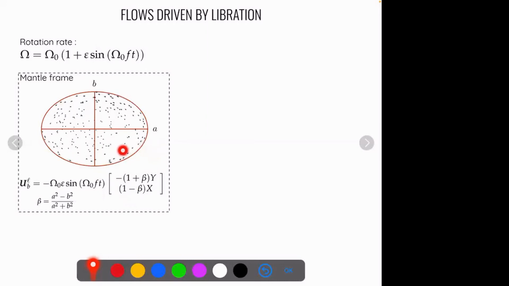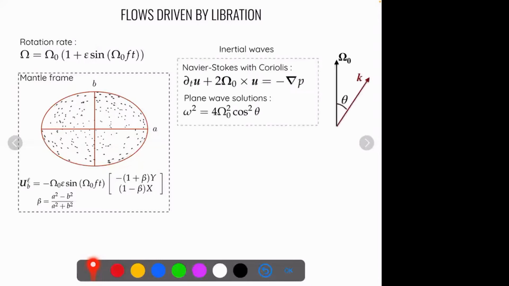But this oscillating flow that is also homogeneous in space can drive other fluid structures in cores. So for instance, in rotating fluids, you have waves called inertial waves that are spontaneous oscillations that result from the action of the Coriolis force.